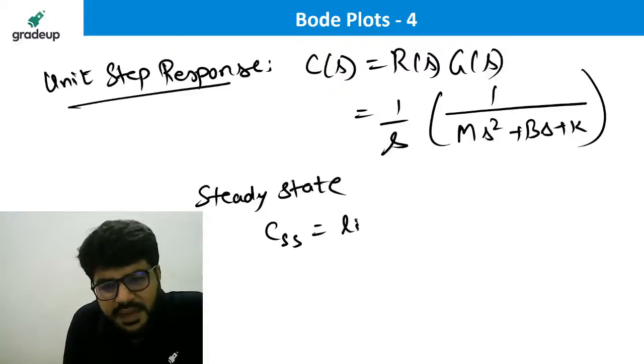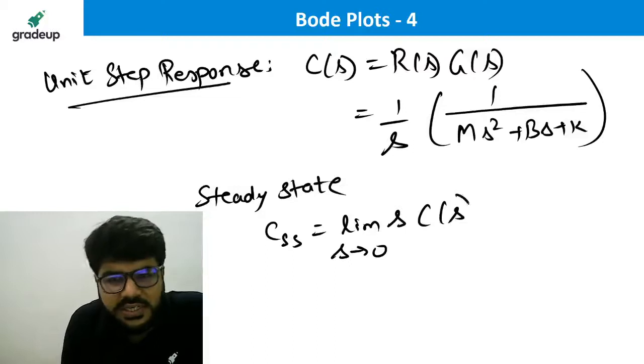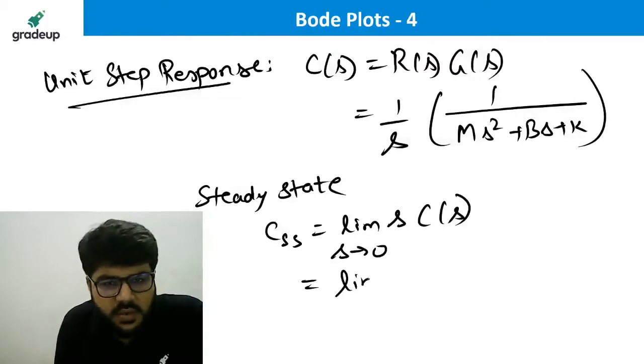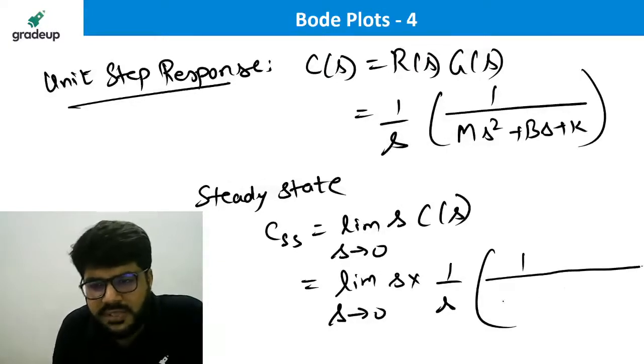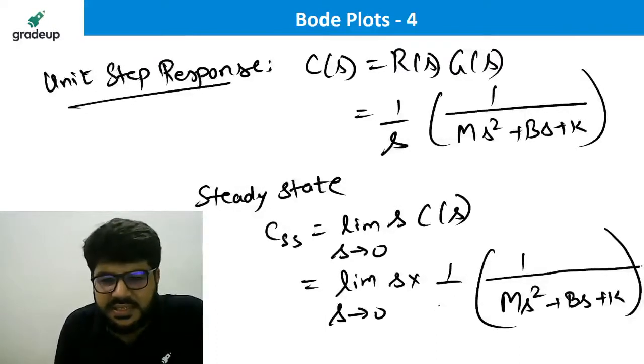And for steady state C_ss, we apply the final value theorem. It is limit s tending to 0 of s into C(s), which is s into 1 by s into 1 upon ms square plus bs plus k. S and s cancelled.